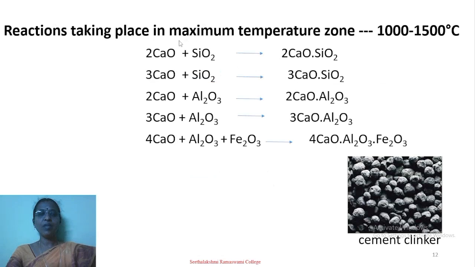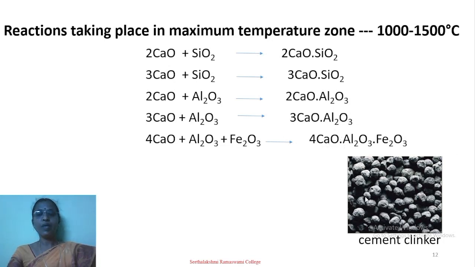The reaction taking place in maximum temperature zone, that is 1000 to 1500 degrees Celsius. Lime, silica, alumina and iron oxide obtained in the above two temperature zones are combined to produce silicates and aluminates, that is dicalcium silicate, tricalcium silicate, dicalcium aluminate, tricalcium aluminate and tetracalcium aluminoferrite.